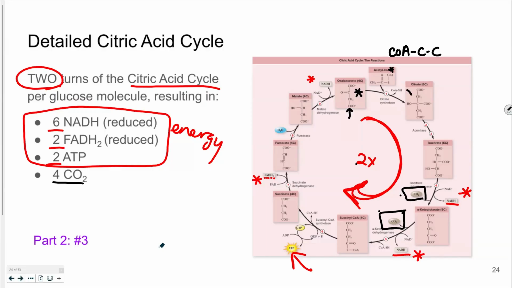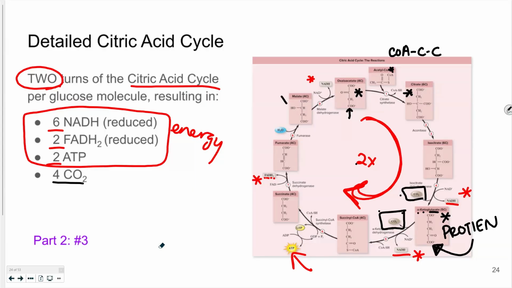We need to know that citrate or citric acid is a 6-carbon sugar. We also want to know alpha ketoglutarate because, spoilers, this is the step at which proteins enter the citric acid cycle when we break them down.